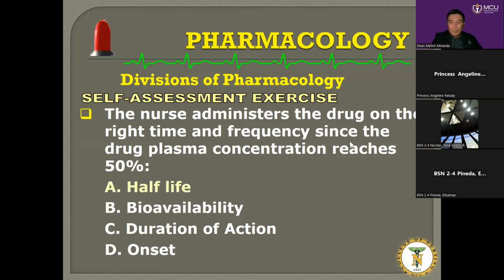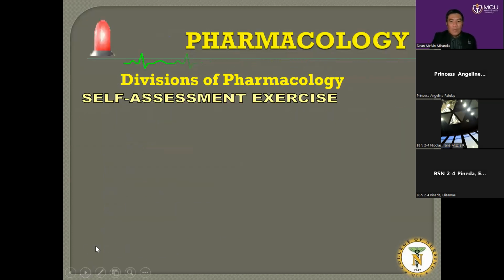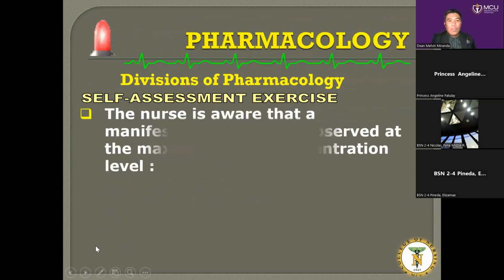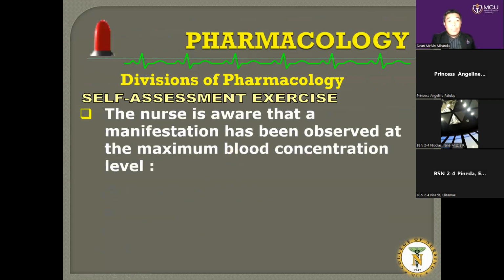Okay, next question. Let's post the next question. Okay, it's not posting. Okay, next question. The nurse is aware that a manifestation has been observed at the maximum blood concentration level.